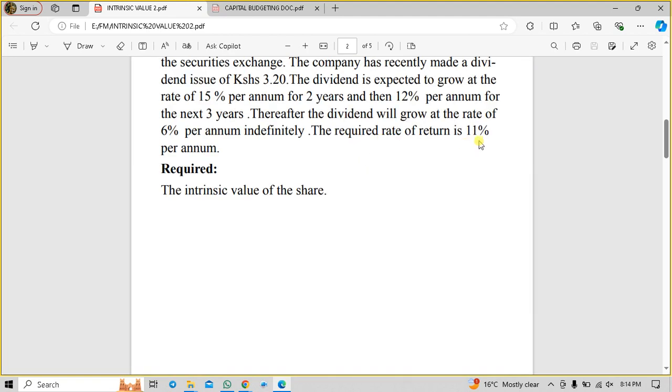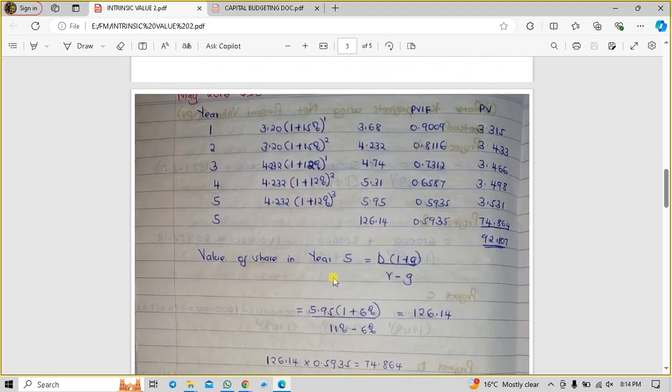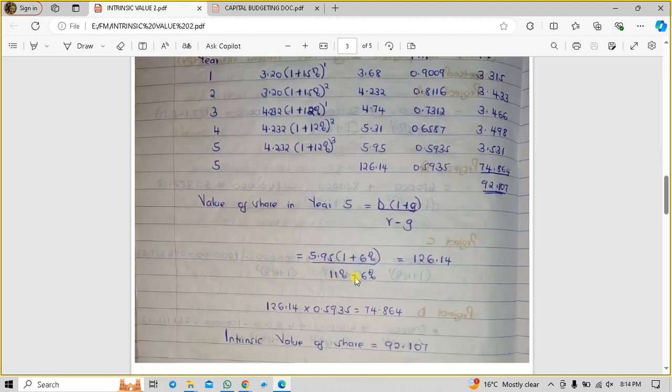The required rate of return is 11% per annum. So we have 11% minus G. G is the growth rate, 6%.